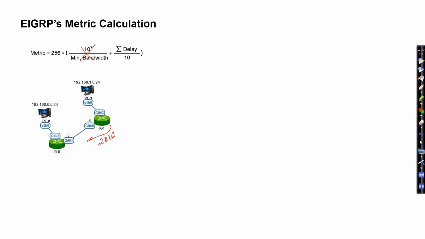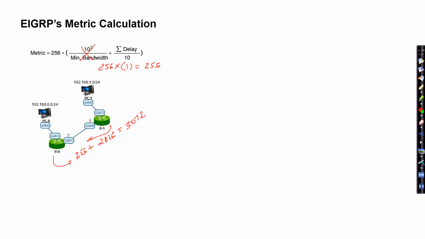And the delay is the same as gigabit 0/3 on router 1, so that is a value of 1. So 256 multiplied by 1 is equal to 256. So router 0 will add 256 to that total cost. So the final number should be 3072.